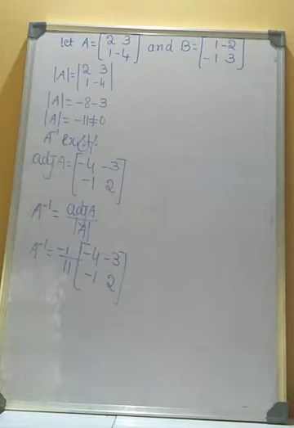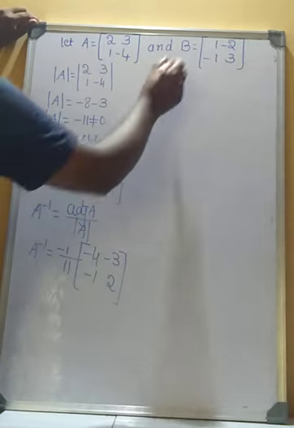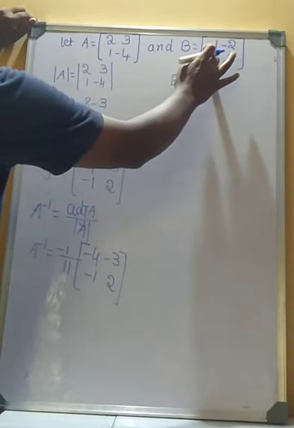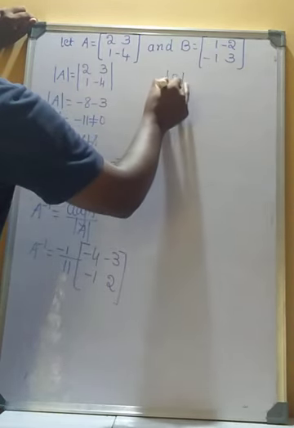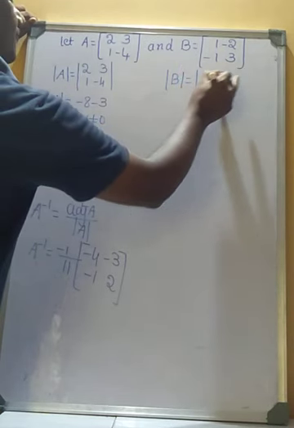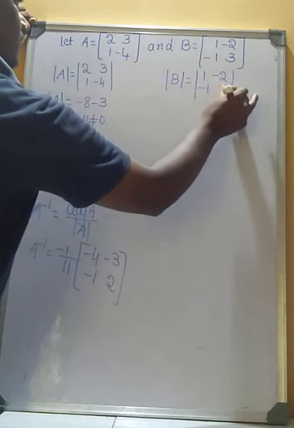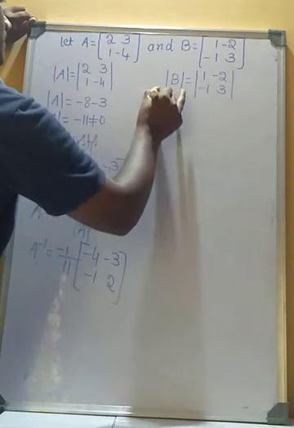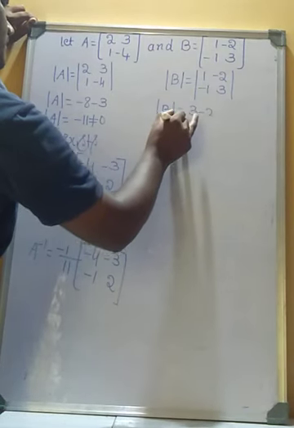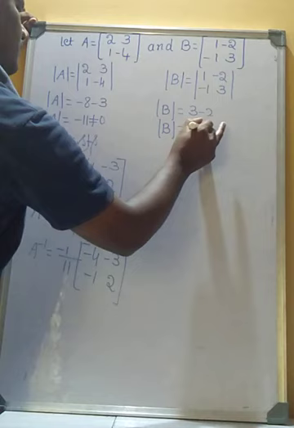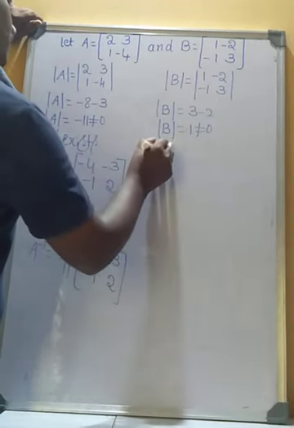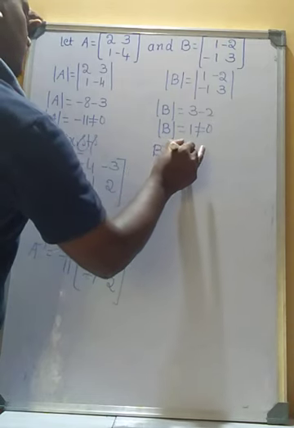So that is A inverse. The next, matrix B is [1, -2; -1, 3]. Find determinant of B. Determinant of [1, -2; -1, 3]. Therefore, determinant of B equals 3 minus 2, which equals 1, not equal to 0. Therefore, B inverse exists.